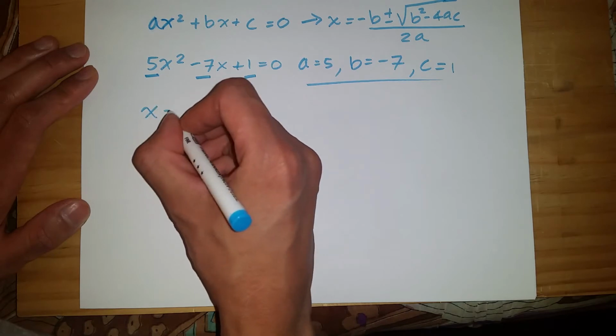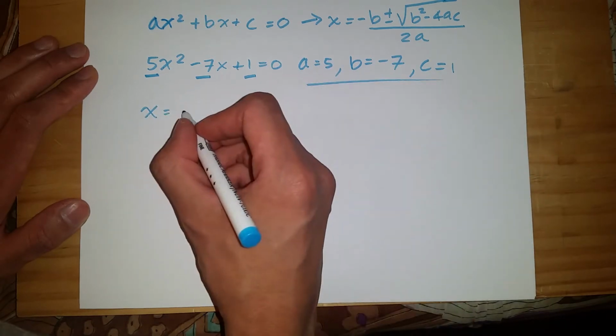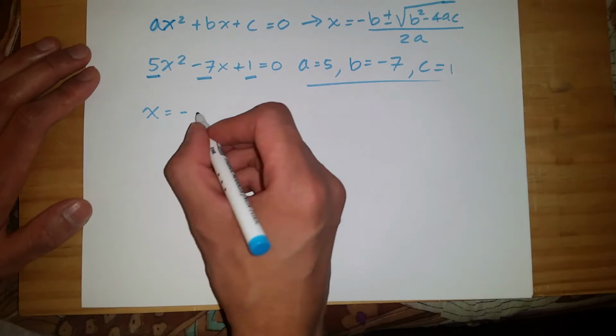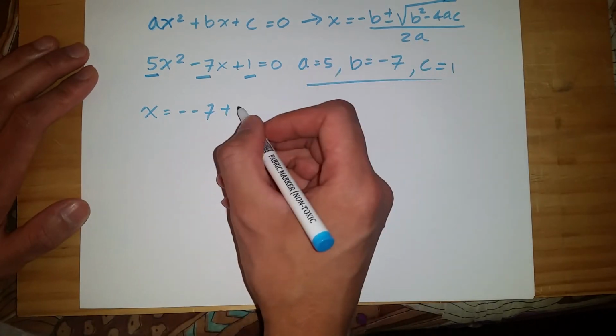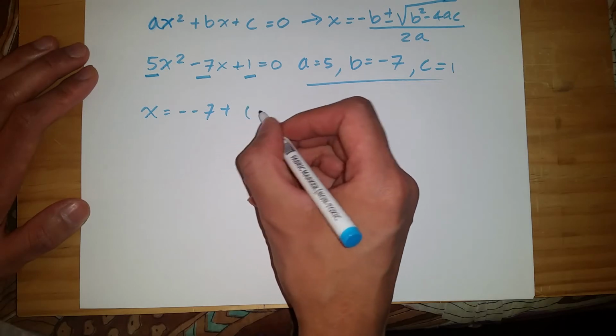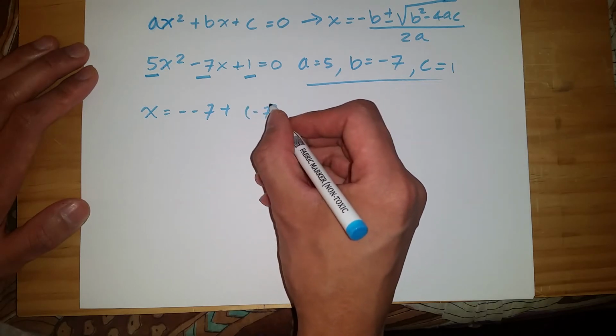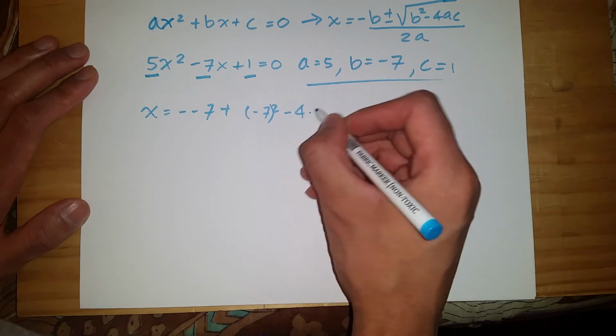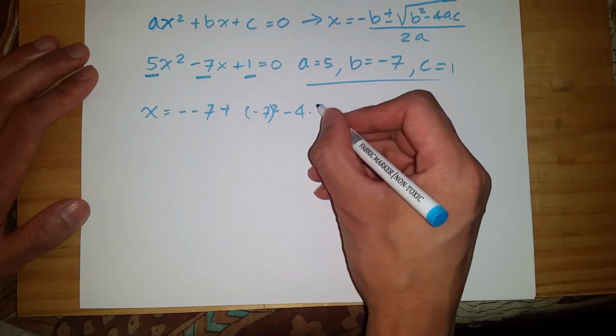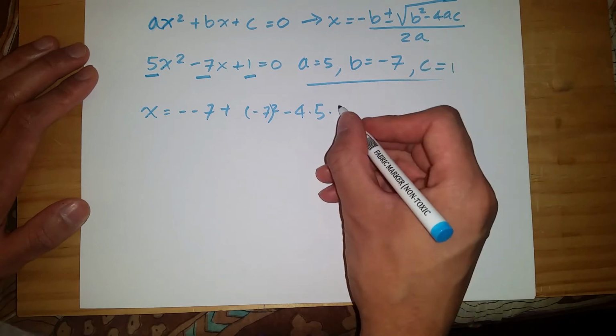So x is equal to -7 here, plus minus the square root of -7 squared, minus 4 times A is 5, times C is 1.